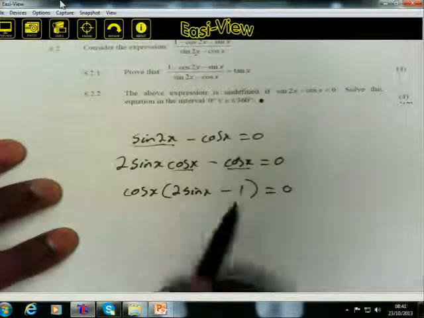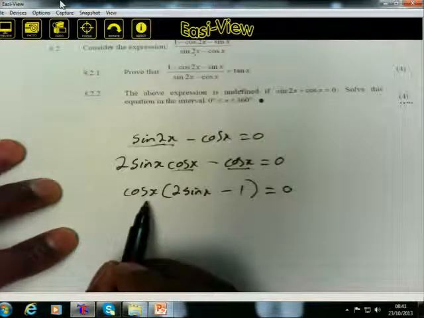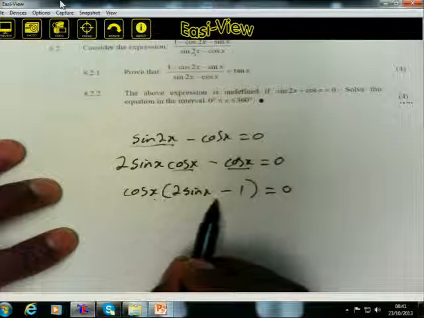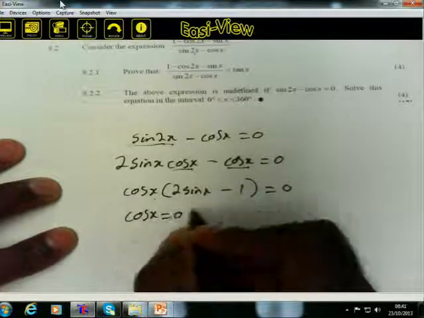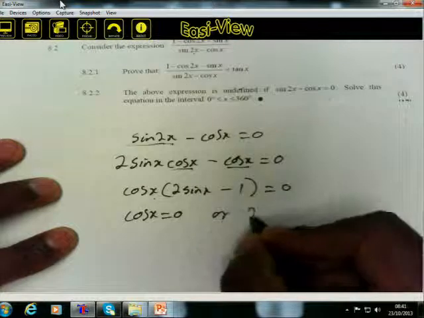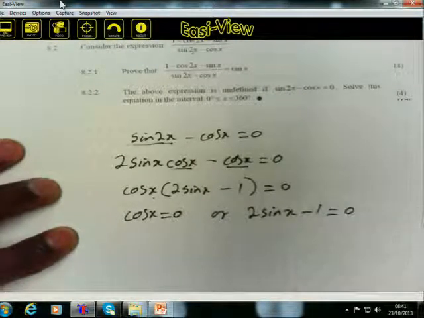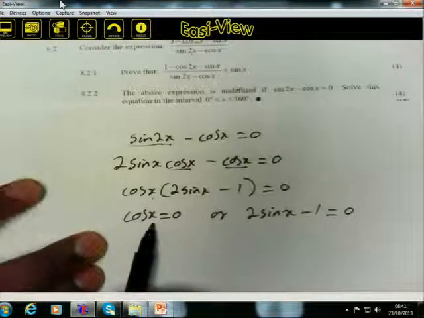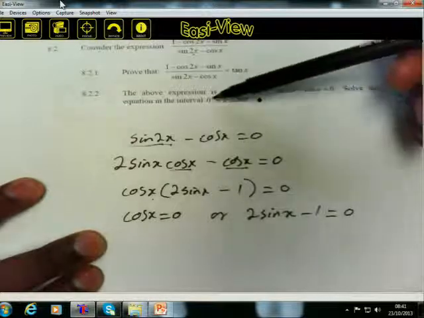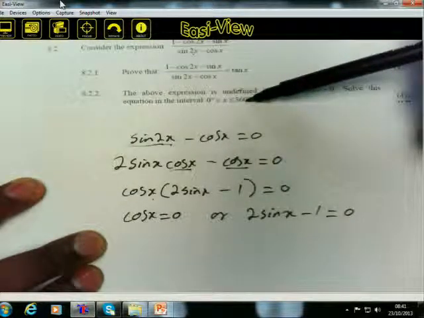Then, from our knowledge in algebra, if you've got the cos of x into the 2 sine of x minus 1 is equal to 0, therefore, it means cos x is equal to 0, or 2 sine x minus 1 is equal to 0. Now we can solve this one. Remember, the solution must be all the angles greater or equal to 0 degrees, but less or equal to 360 degrees.